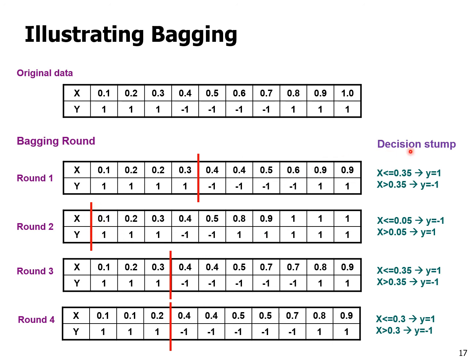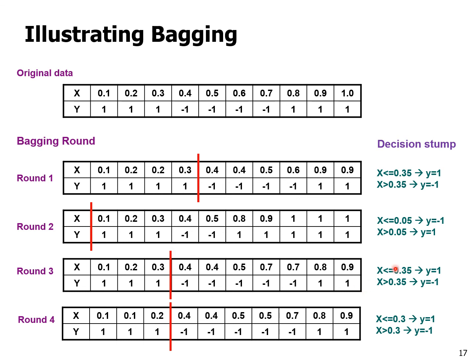In this decision stump, every x value over this line gets y value 1, right? So 1, 1, 1. So these two are errors. In a similar way, this is a sample of round 3, and if you draw a decision stump, this will be the best decision stump.